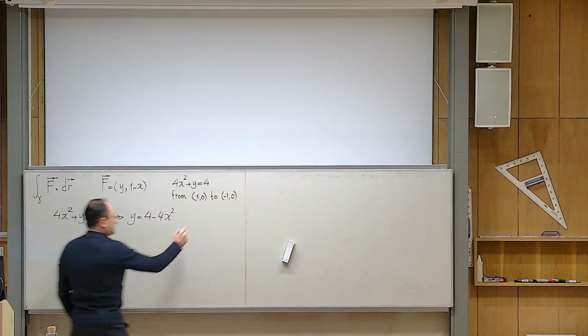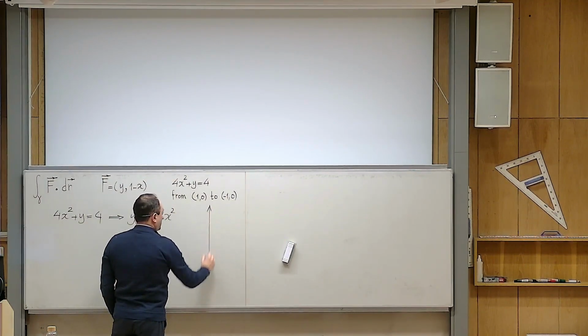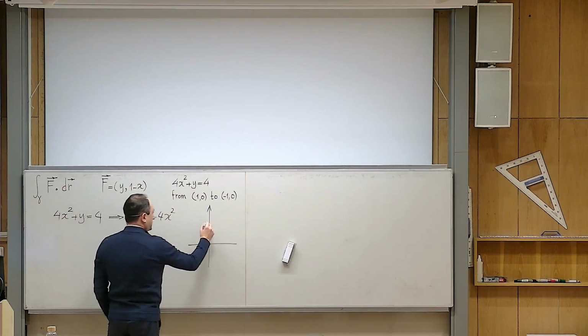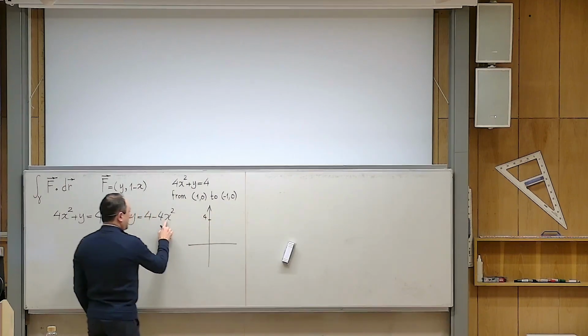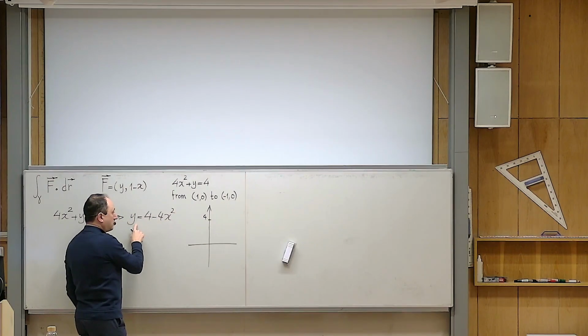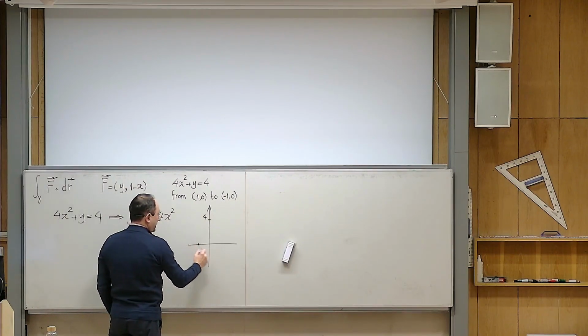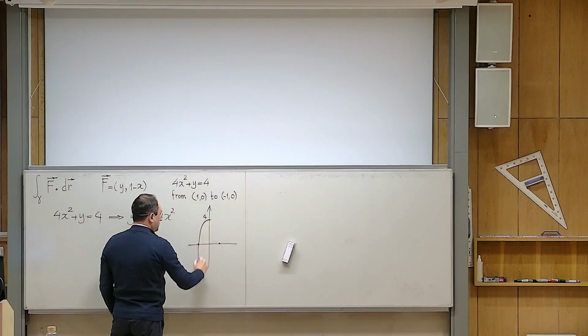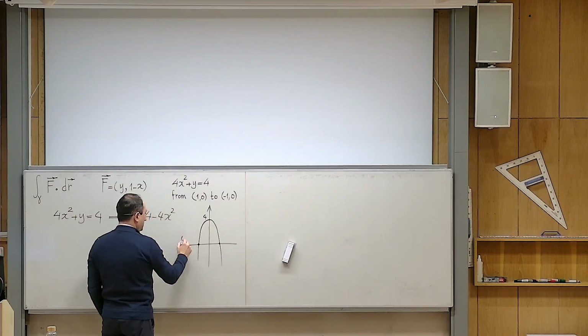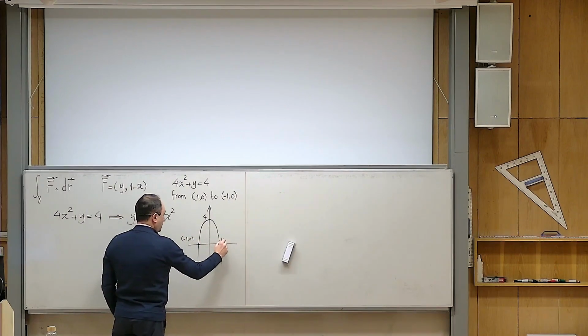So this is a parabola with a maximum at point 4, and for x equals plus or minus 1, y value is 0, so we have these 2 points and the curve passes through them. Nothing mysterious here: minus 1, 0, and then 1, 0.